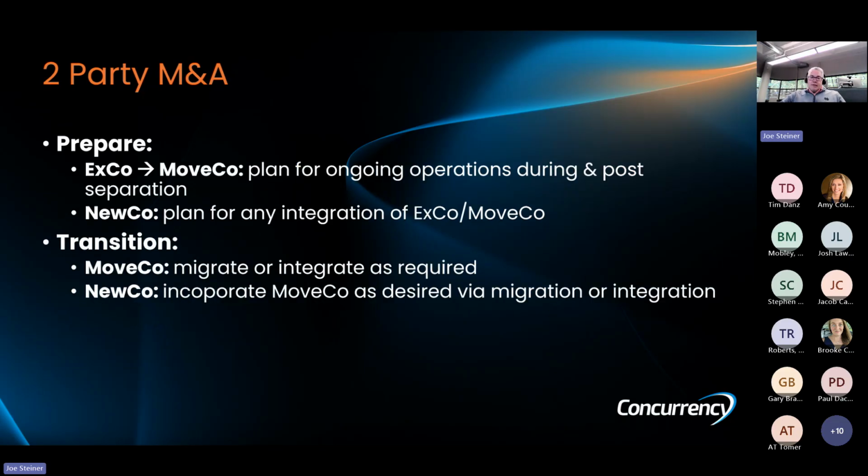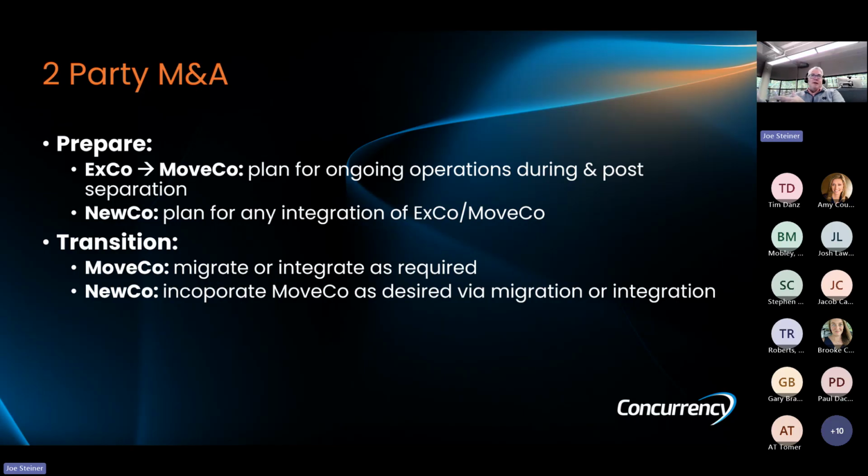Two-party M&A is a little easier, but I still highlighted it using the three different entities, mainly because the mindset has to shift here, where Xco now is becoming MoveCo. You're no longer responsible only for yourself. You need to be thinking about, okay, what is this new company that we're going to be a part of?